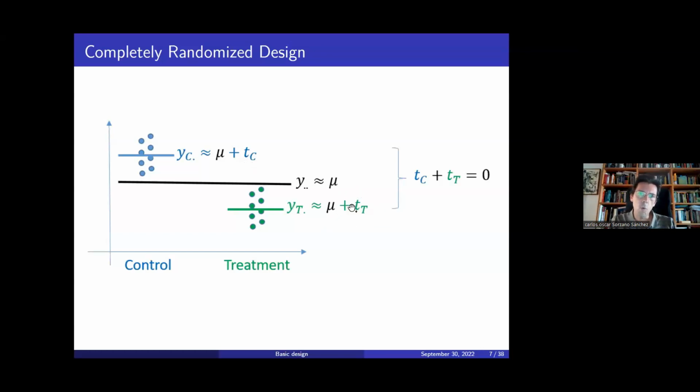You have to estimate the one of the treatment, but actually that comes for free because you have this constraint. So you have the constraint that the addition of these two has to be 0. So one, you know one of them, the other one comes for free. So you don't have to pay a coin for that. So if you have two groups, you have to pay only one coin to estimate those parameters.